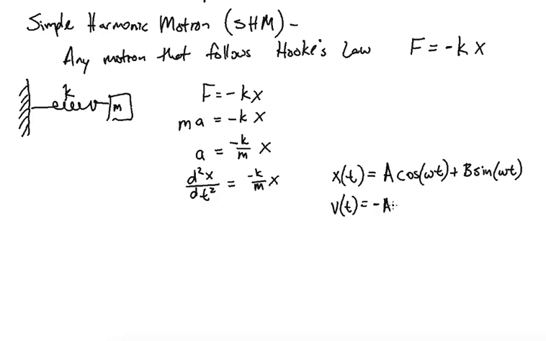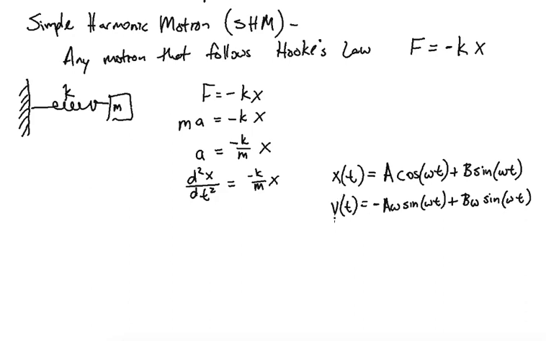You'll learn that later. It is negative a omega sine omega t, plus, since the derivative of sine is cosine, b omega cosine omega t. And again, when you get into doing derivatives, you'll be able to do this yourself, and you can come back and watch this video.